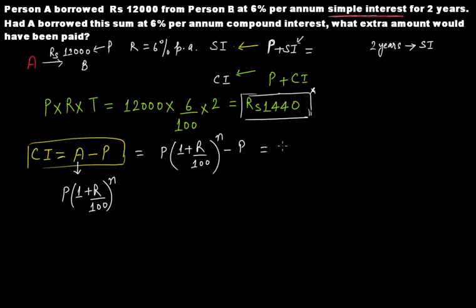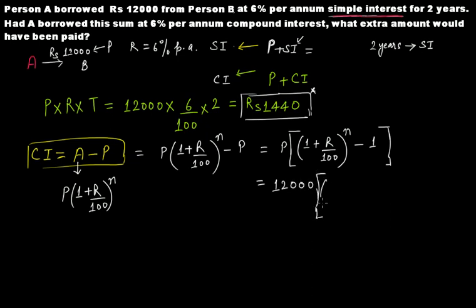So from here, if you take P common, then you are left with 1 plus r by 100 raised to the power of n minus 1. Now if you put all these values, P is equal to rupees 12,000, and 1 plus 6 by 100 raised to the power of 2 minus 1.